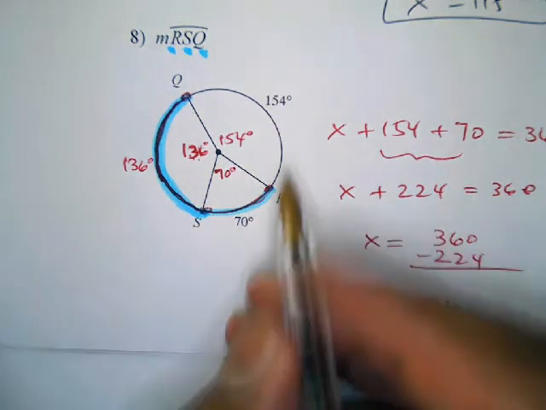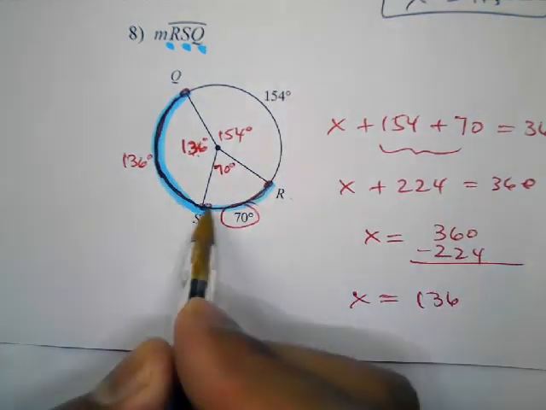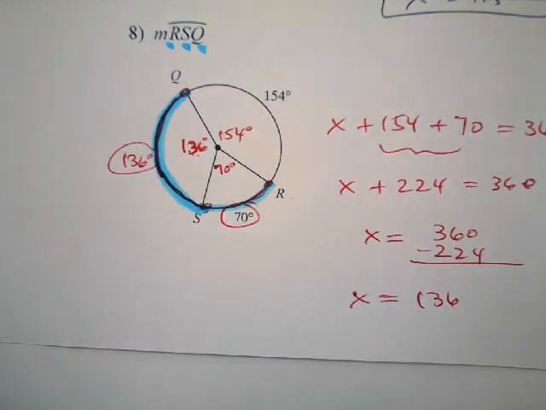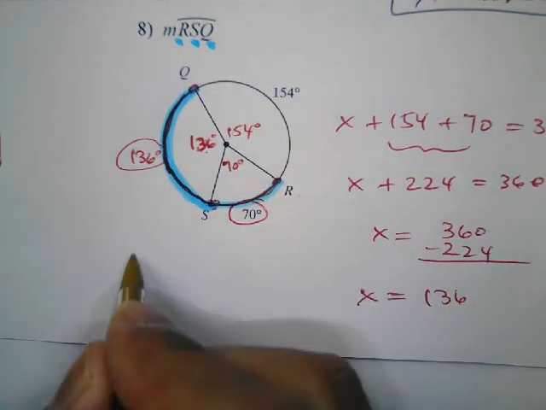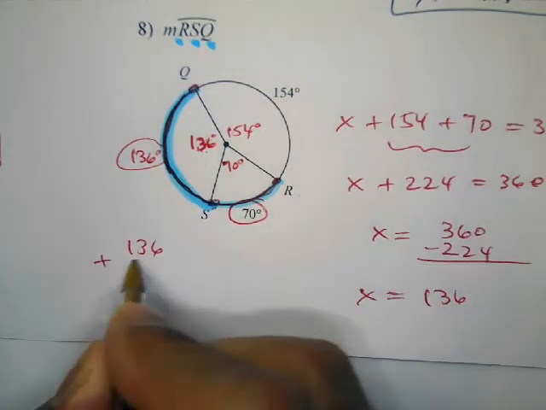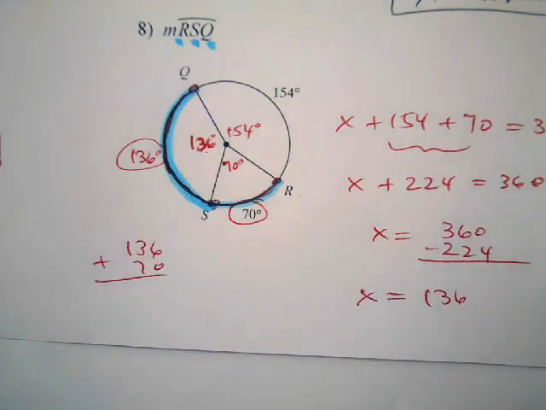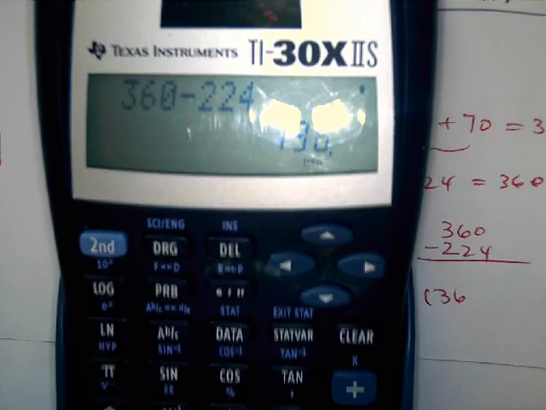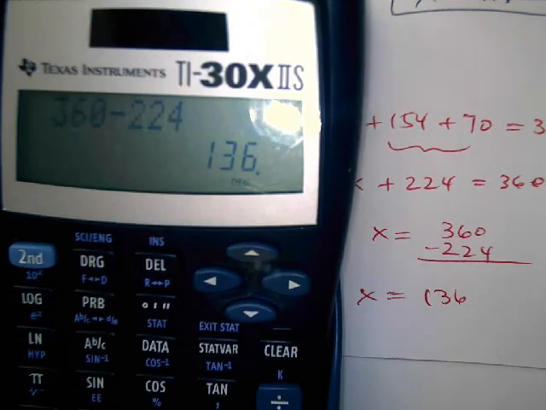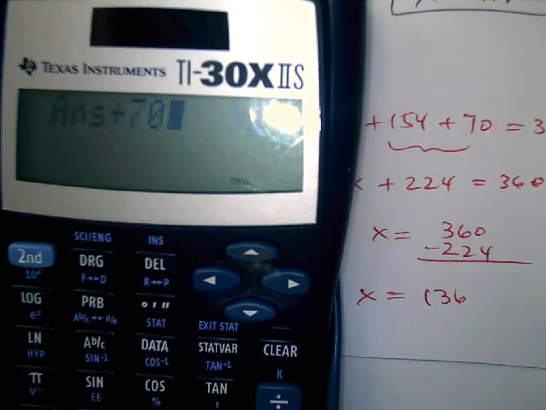So start in R and go R to S, which is 70, all the way to Q. So add these two arc measures. From R to S is 70, from S to Q is 136. And you'll get the measure of this arc. So whatever 136 plus 70 is, I think it's 206.